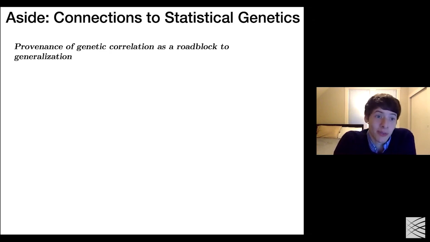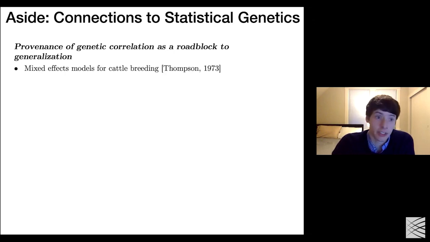So a kind of interesting thing is that we think that the origin of this idea of genetic correlation, and how it's become used in all these different applications within genetics, has served as a roadblock to its generalization beyond genetics.